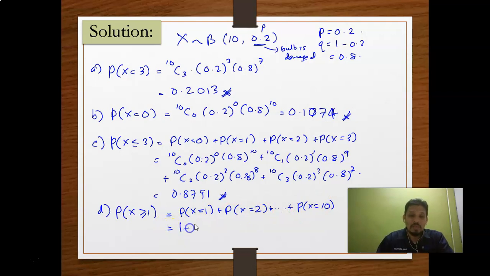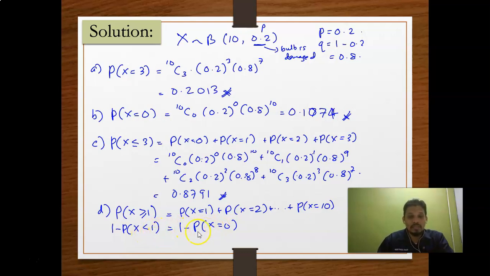It is 1 minus probability of X equal to 0. Greater than or equal to 1 includes 1, so it is 1 minus probability of X less than 1. Less than 1 means 0.